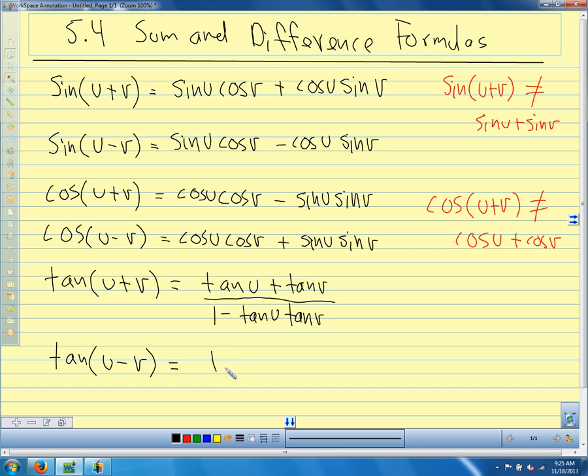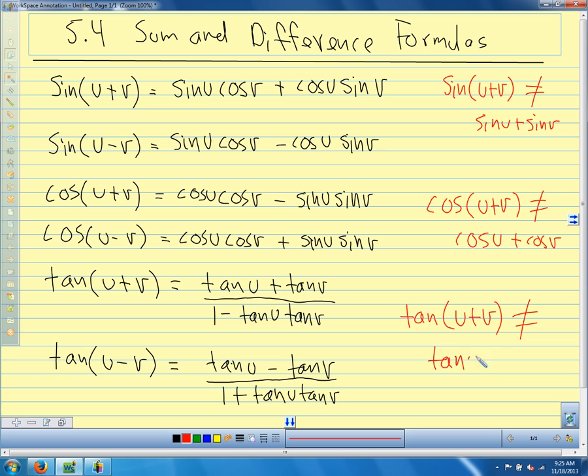And the difference formula, I get tangent u minus tangent v over 1 plus tangent u times tangent v. And again, tangent u plus v does not equal tangent u plus tangent v.